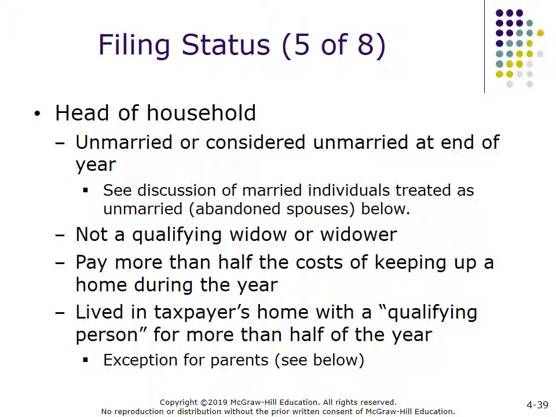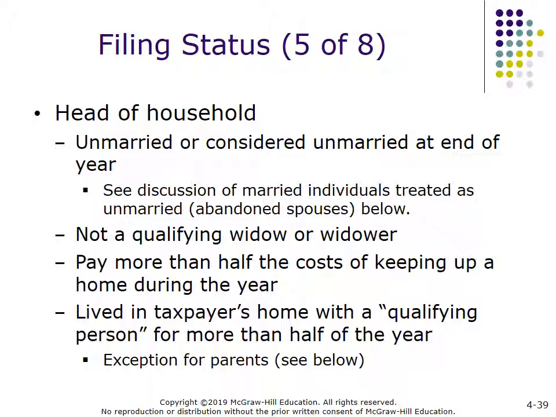If you are going through a divorce, let's say, and you're considered an abandoned spouse, and abandoned spouse is on page 4-23. You're married at the end of the year. You don't file a tax return with your spouse. Your spouse hasn't lived in the home for more than half of the year. You lived apart for the last 6 months of the year, continuously.